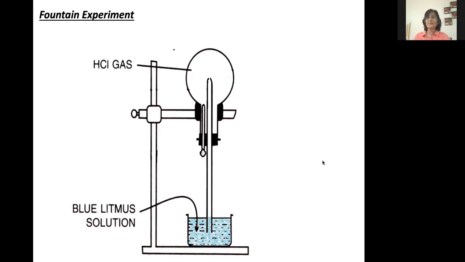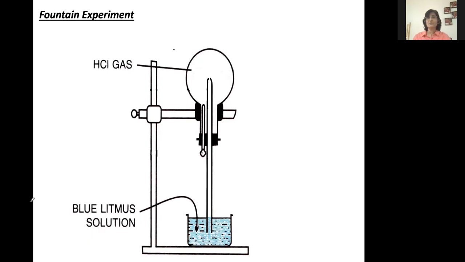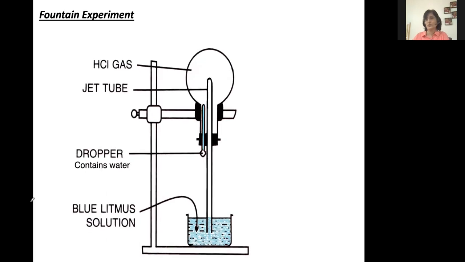As you can see, the mouth of the inverted round bottom flask contains two things. One is a jet tube fitted in the mouth, and the other is a dropper. Now, this dropper contains water. So once your setup is ready, now we begin the experiment by squeezing the dropper.